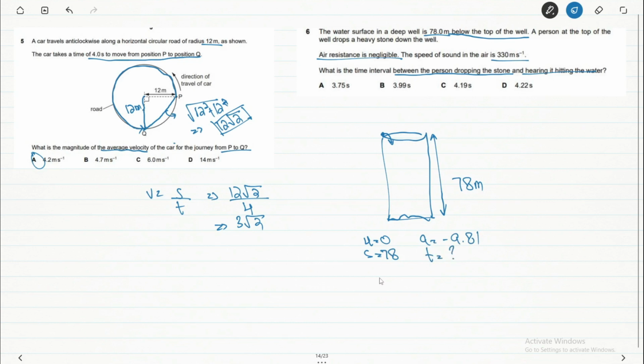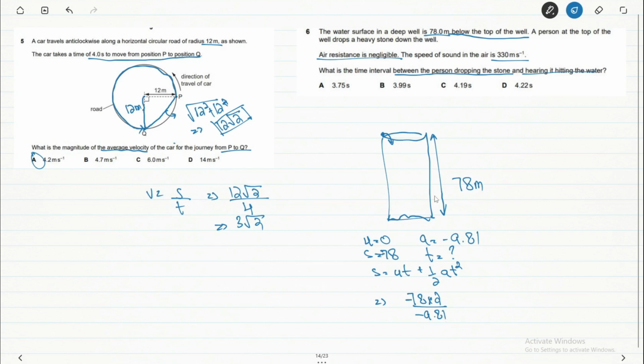Time. So the equation that we have to put here is S is equal to UT plus 1/2 AT squared. So this becomes T equals the square root of 78 times 2 divided by negative 9.81. The displacement is also negative.